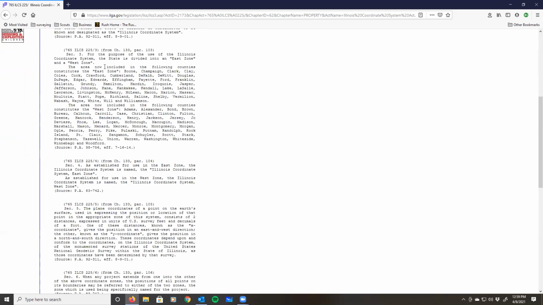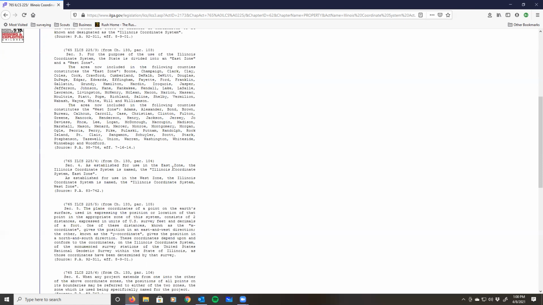So section 3 actually states the counties; the first paragraph talks about which ones are in the east zone. The next paragraph describes the counties that are in the west zone, and you'll see that St. Clair and Madison, Macoupin, Jersey, those are all in the west zone.